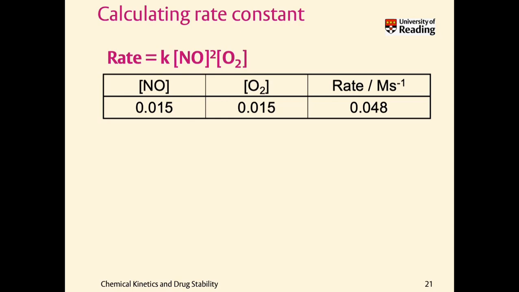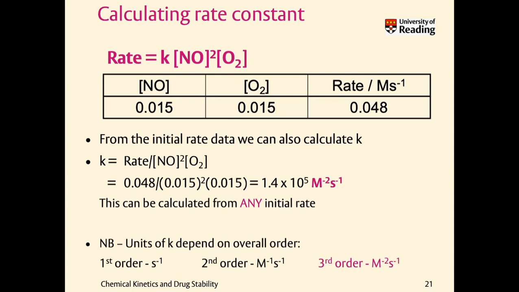In this case, the units of the rate constant are molar to the -2, seconds to the -1. If the overall reaction was first or second order, the rate constant would have different units because the equation would be different. That is what we have set up here to determine the rate constant. So here is an example for you to look through of determining the rate constant from that experimental set of data.